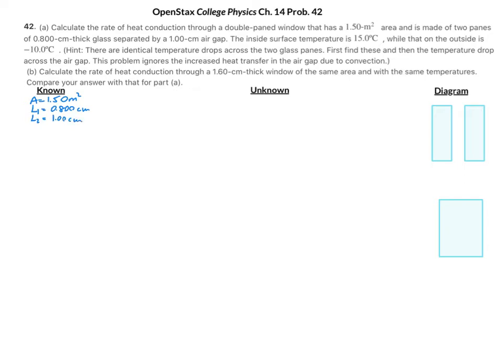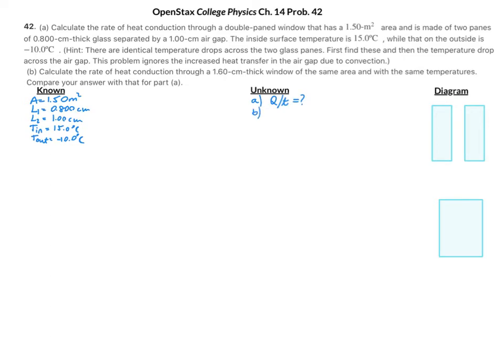The inside surface temperature is 15 degrees Celsius, so that's T in is 15.0 degrees Celsius, while that on the outside is negative 10, so T out is negative 10 degrees Celsius. So in part A, we're looking for the rate of heat conduction, so Q over t.